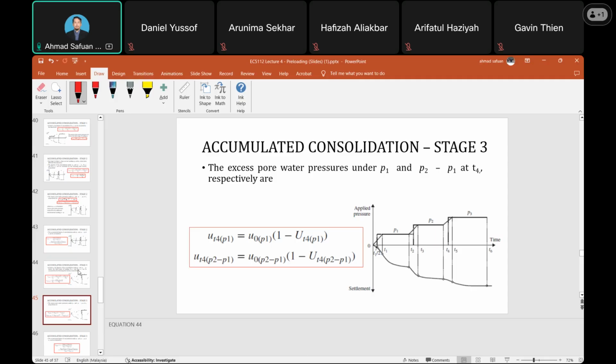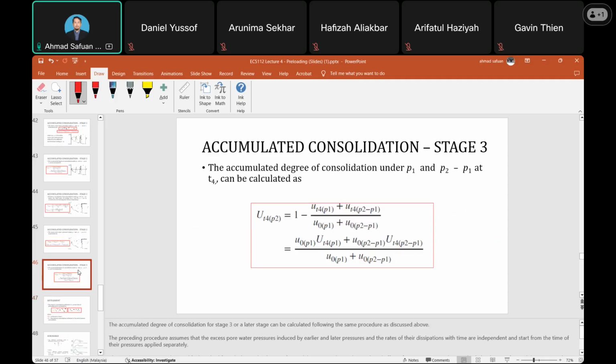Why do we need to consider excess pore water pressure? Later on we will understand whether the process of consolidation is completed or not. If the excess pore water pressure is equal to 0, then we can say that the process of consolidation is almost completed. So the accumulated degree of consolidation under P1 and P2 minus P1 at T4 can be calculated as, okay, this simplified equation.